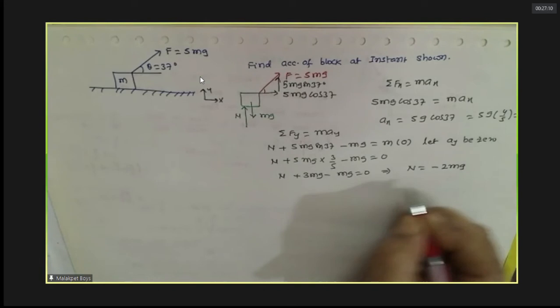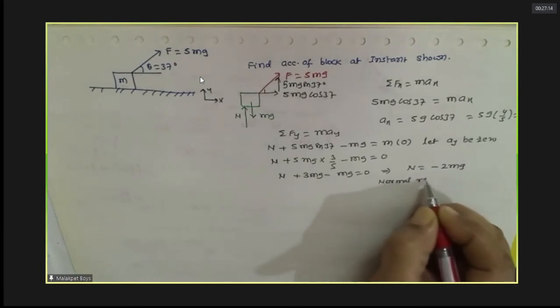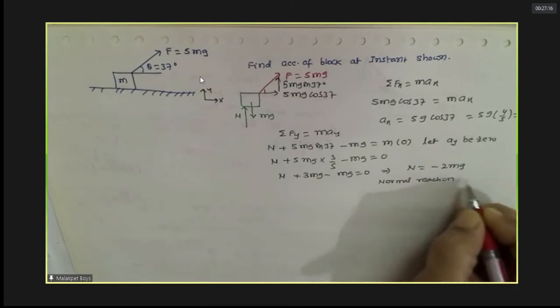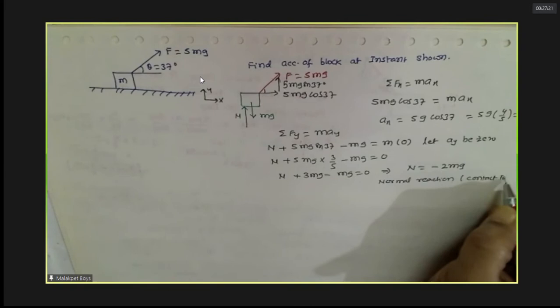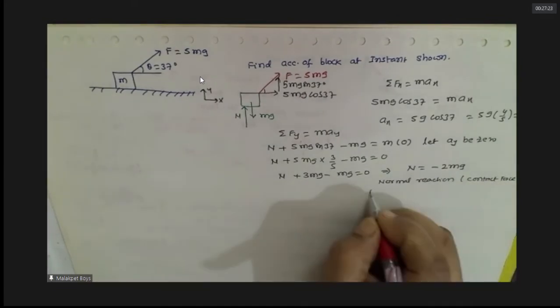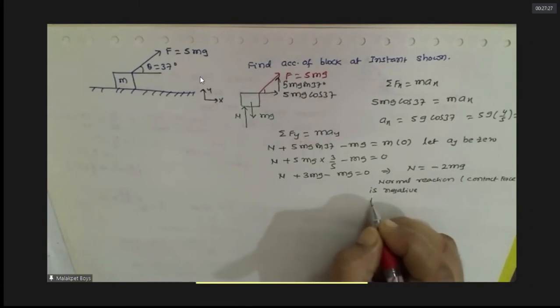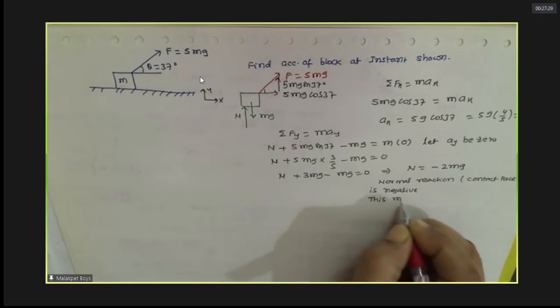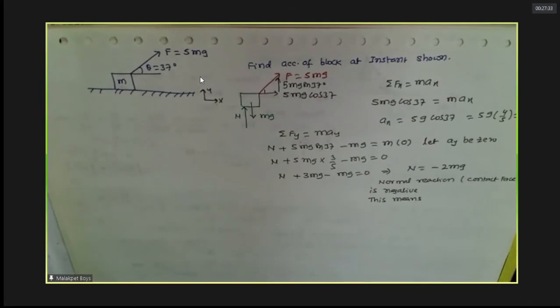See, what is this actually? Normal reaction, which is nothing but the contact force. This implies, can you tell? Suppose x equals 0, for example any value is 0, does that mean the physical quantity is not existing?